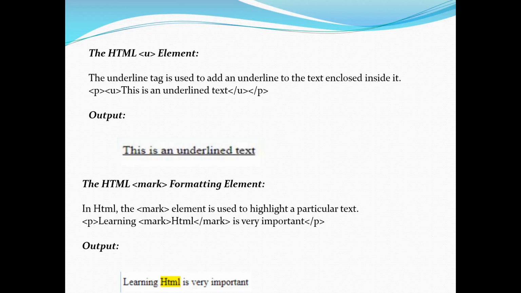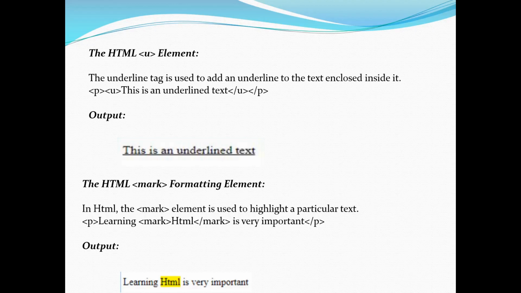Once your text is underlined, the new tag which we have is the mark tag. Now, if you want to highlight something in your text, in your program, you're going to use mark. If you use mark to highlight something, it will get highlighted in yellow color.